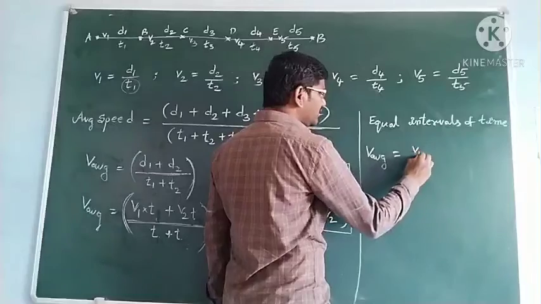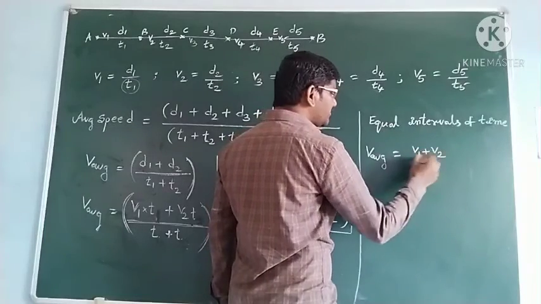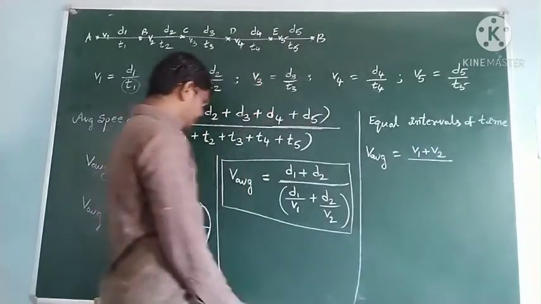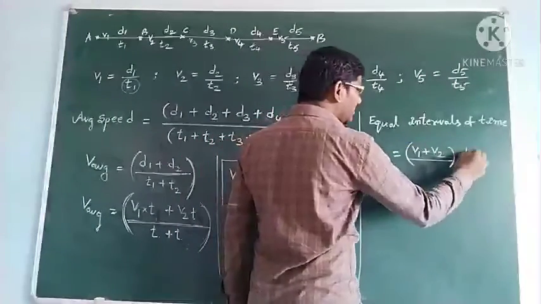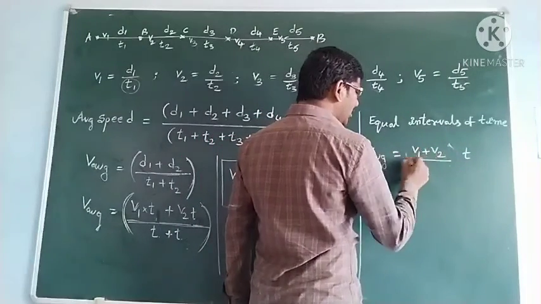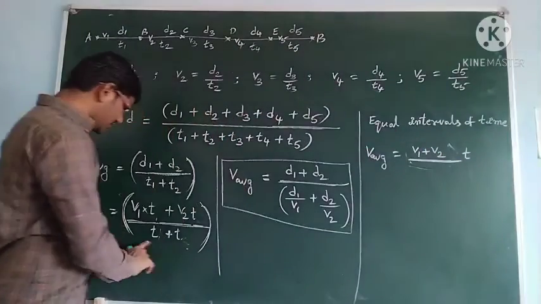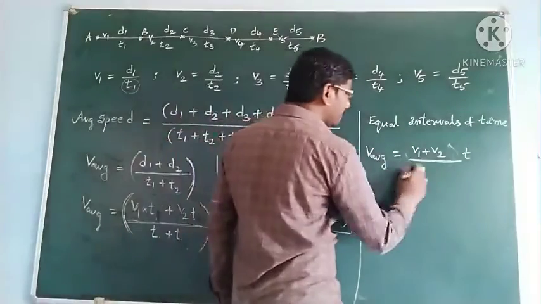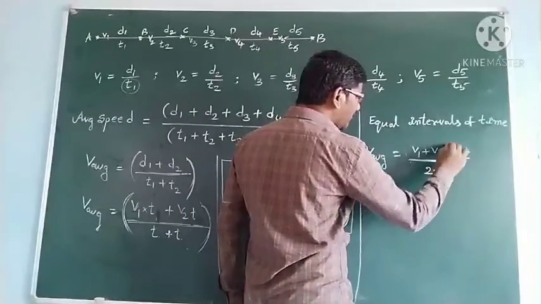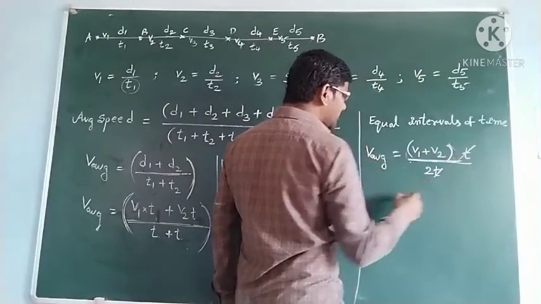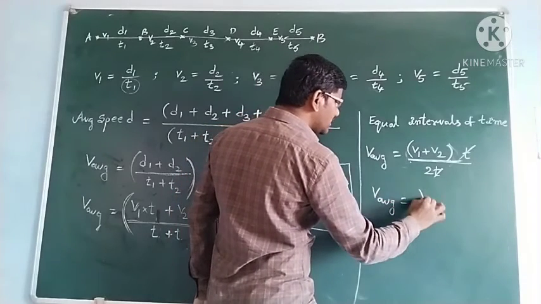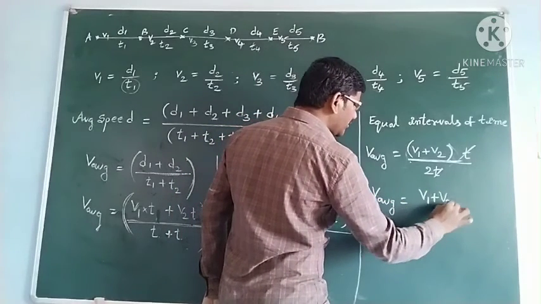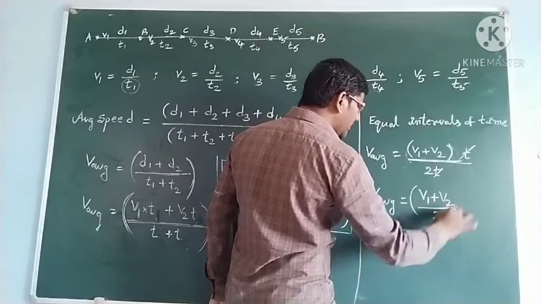V1 plus V2 by, and what is common? T. We have T common, and in the denominator T plus T we have 2T, and T gets cancelled.